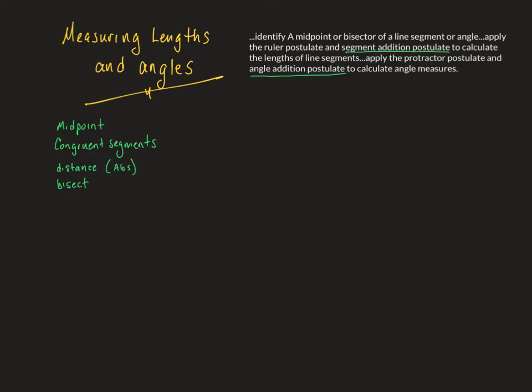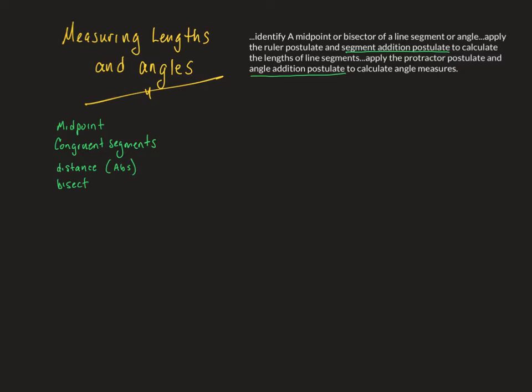find the midpoint. Then also apply the ruler postulate and segment addition postulate to calculate the lengths of line segments, and then apply the protractor postulate and angle addition postulate to calculate angle measures. With segment addition, we're talking about lengths, so we use a ruler.